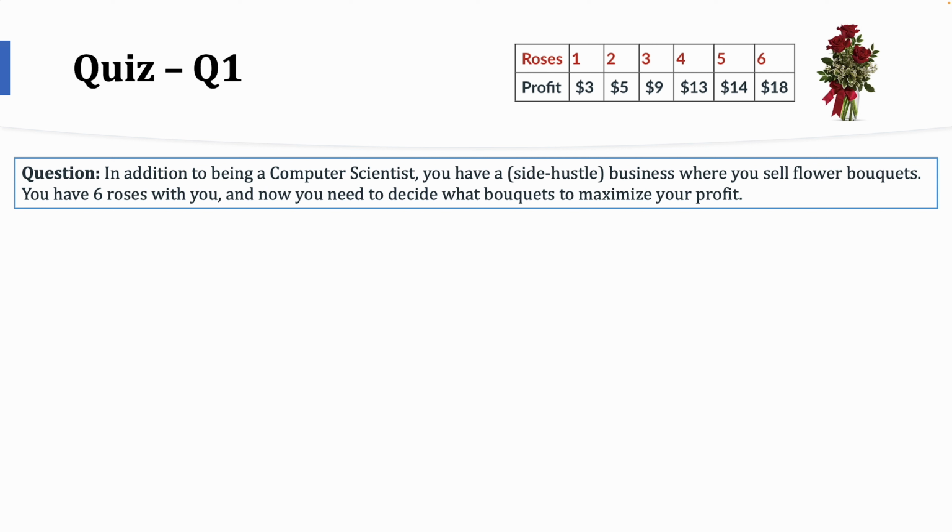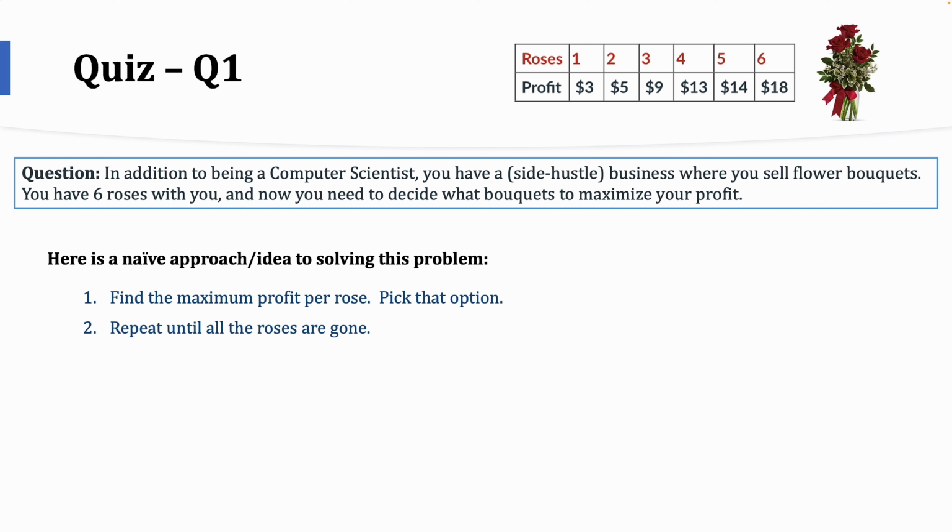Okay, so here's the idea. Let's find the maximum profit per rose for each of these configurations, and then we go with that option, and then we keep playing the same game with the remaining roses. Okay, so in order to make sense of this, let's go with an example here.